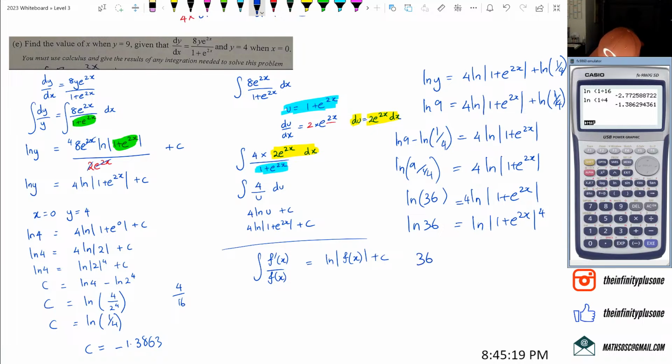Then I could say 36 is equal to (1 plus e to the power of 2x) to the power of 4. Damn, the 36 is bugging me. The fourth root of 36. That won't work.